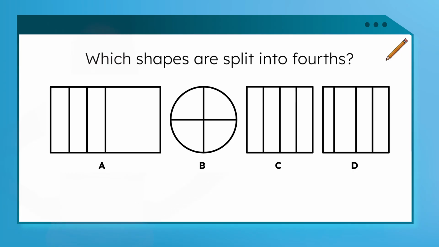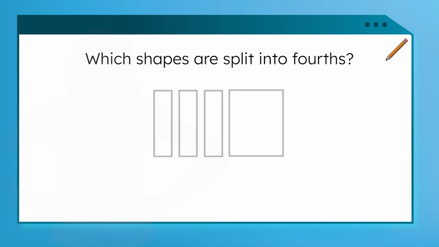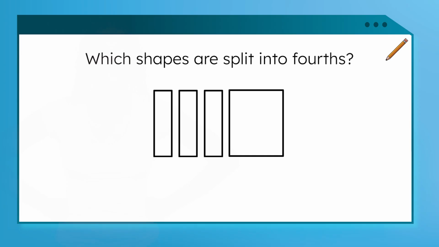There are more pieces to look at in these examples, so I think it's going to be helpful if we lay the pieces on top of each other to check if they are the exact same size. In example A, we can see that the piece on the right is way bigger than the 3 pieces to its left. So these are definitely not equal shares.